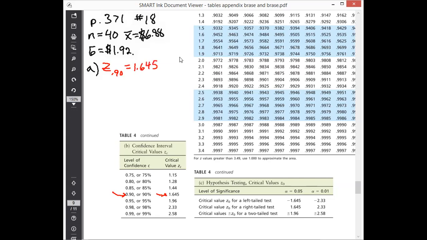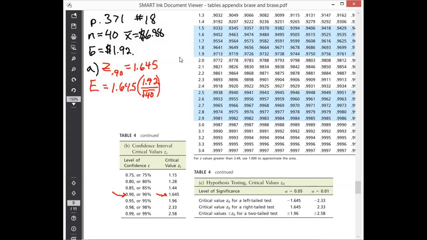So our error is going to be that Z value times sigma over the square root of n, which is the square root of 40. And we're doing dollars and cents here, so I'm going to round this to the hundredths place.